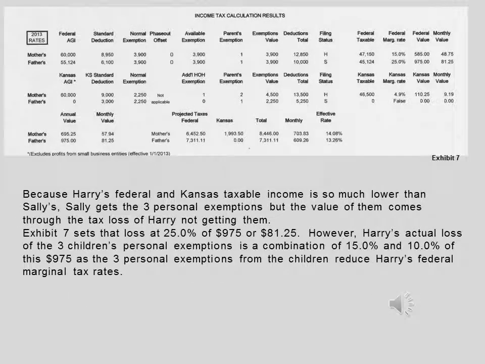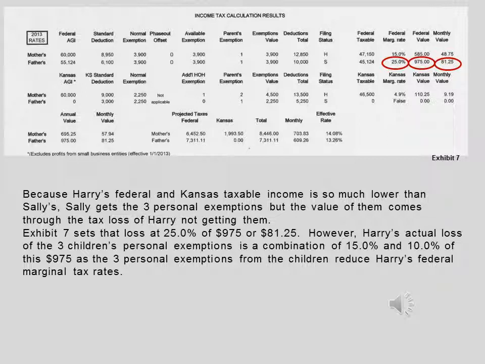Because Harry's federal and Kansas taxable income is so much lower than Sally's, Sally gets the 3 personal exemptions, but the value of them comes through the tax loss of Harry not getting them. Exhibit 7 sets that loss at 25% of $975 or $81.25.